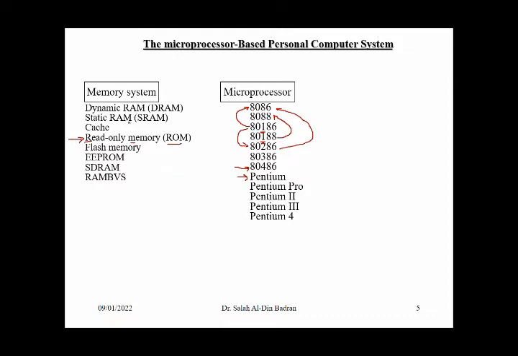This is the difference between RAM and ROM. The microprocessor sends instructions to memory to ask to read or write, depending on whether the instruction is for reading or for writing, and gets information from the memory.